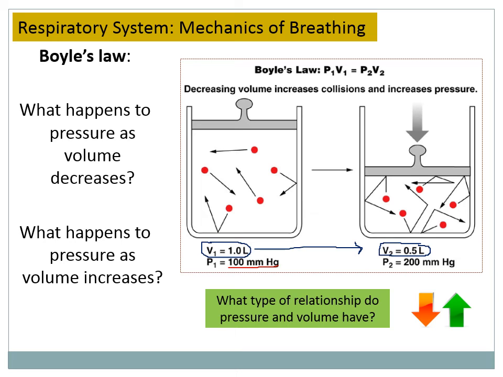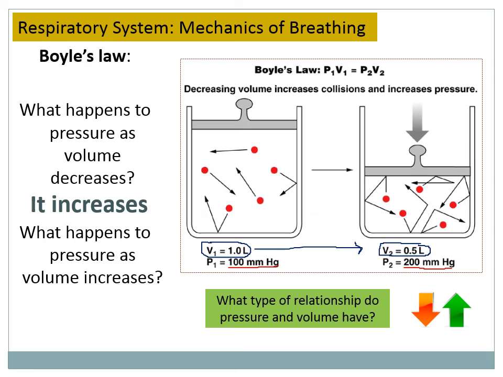And as we decreased the volume, it became 200 millimeters of mercury. So as our volume decreased, our pressure did what? It increased, right? So our increase in pressure is coming from a decrease in volume. Okay, so that's just something that we want to keep in mind.